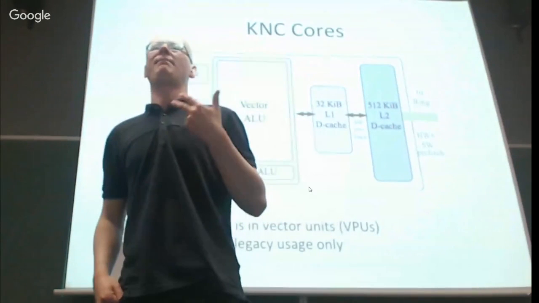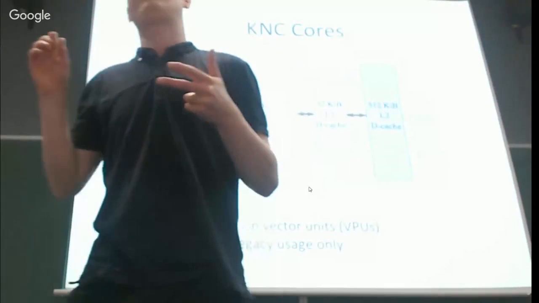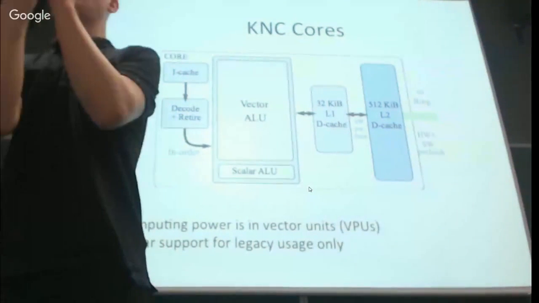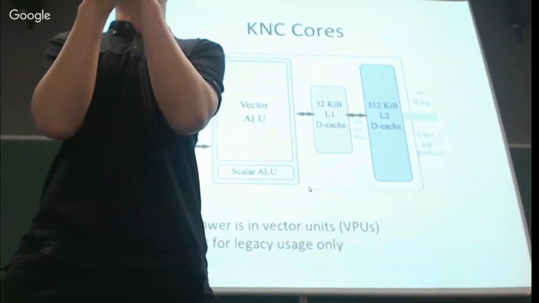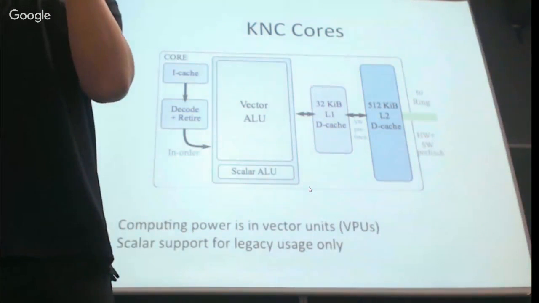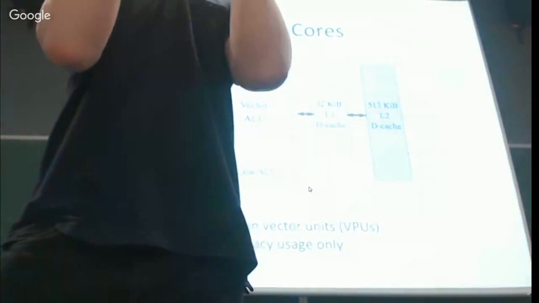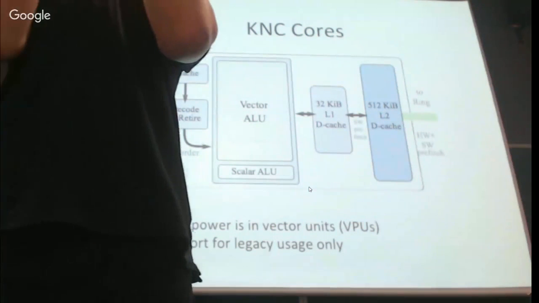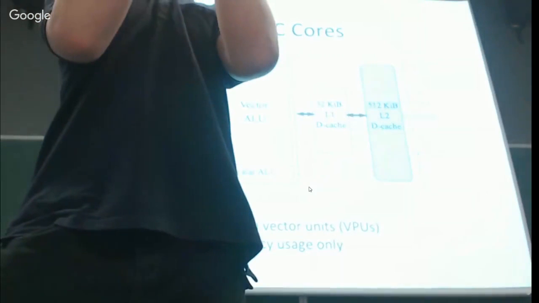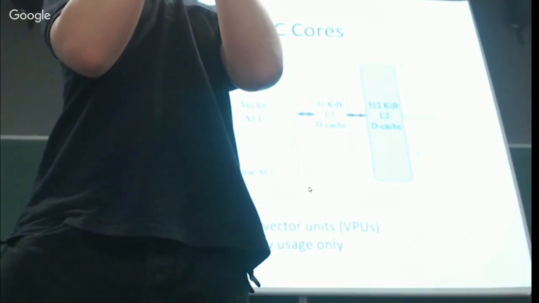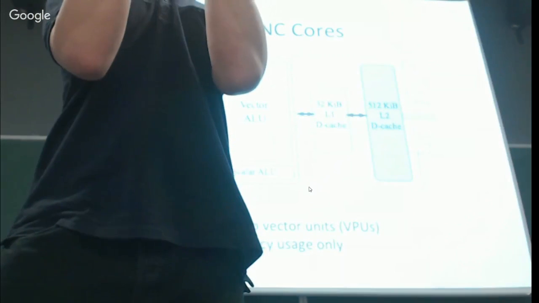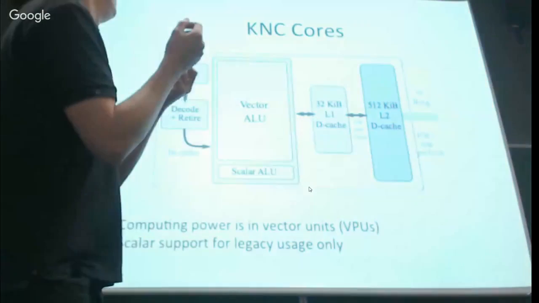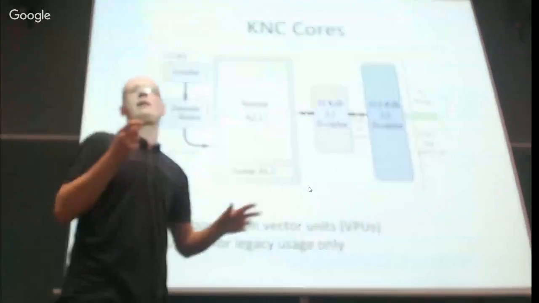It's effectively private to the core. It's shared in some way in that they're all connected together via this ring interconnect. And if you remember, I said that the L3 cache on the Broadwell, Haswell and Ivy Bridge is effectively connected via a ring interconnect as well, but it's much more tightly coupled. So the L2 is not shared, it's private.